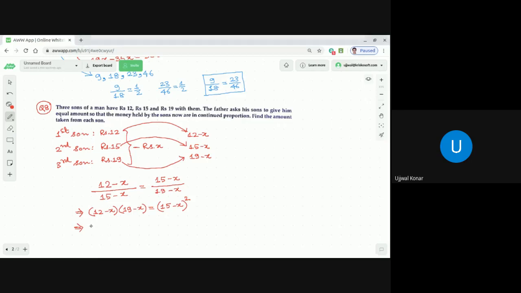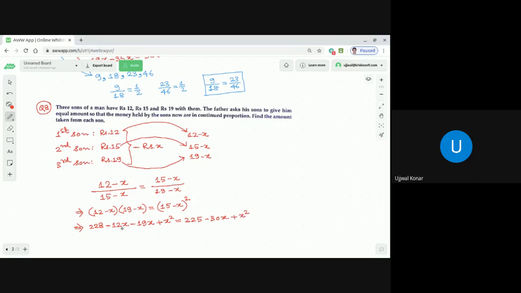So what you will get on the left hand side is 228 minus 12x minus 19x plus x square, is equal to 225 minus 30x plus x square.